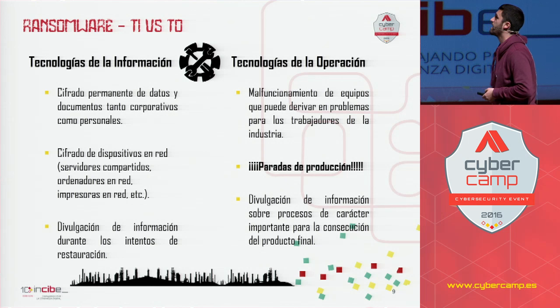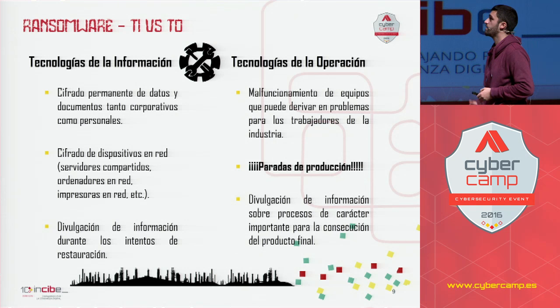Differences between information technology and operation technology. How does ransomware affect both kinds of environments? For information technologies, there is a permanent data encryption, both corporate and personal. So I guess you all have some device that you take to work. That's the bring your own device idea.